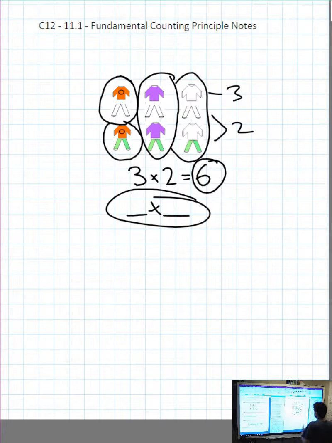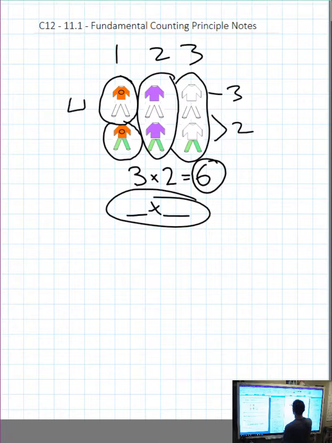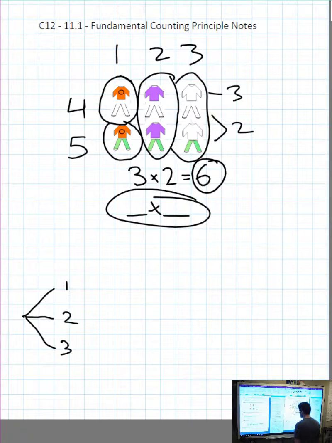So back in grade 8 or so was the first time we tried probability, and we actually learned to do a tree. So I'm going to call the t-shirts 1, 2, and 3, and the pants 4 and 5, whatever. I'm just associating. So I could draw a tree. And in that tree, I could choose the first t-shirt or the second t-shirt or the third t-shirt.